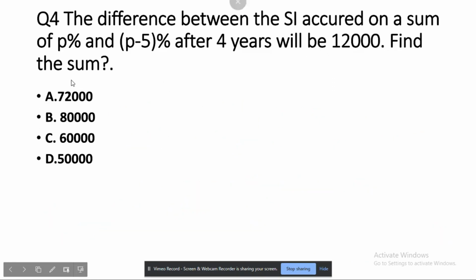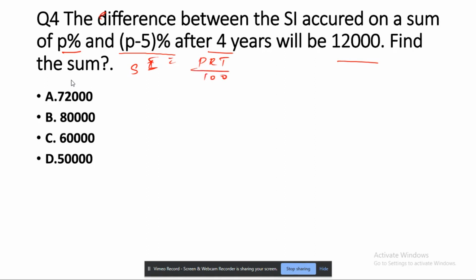The difference between the simple interest acquired on a sum at P% and P minus 5% after 4 years will be 12,000. Find the sum. We know the equation for simple interest is equal to PRT by 100.